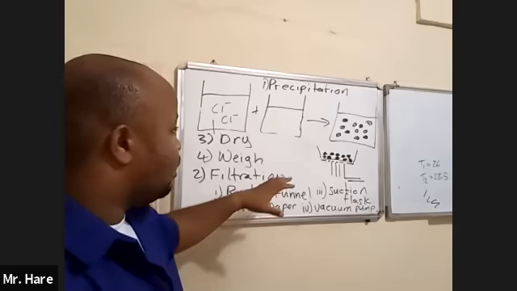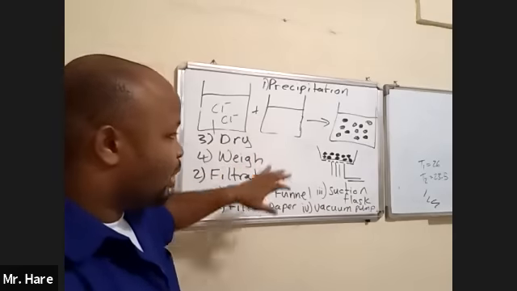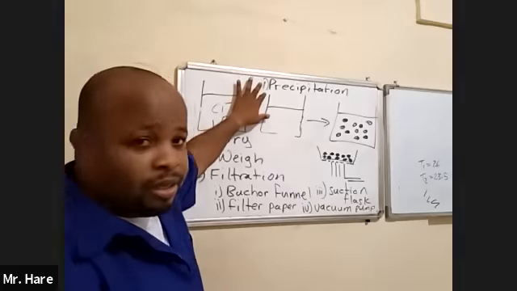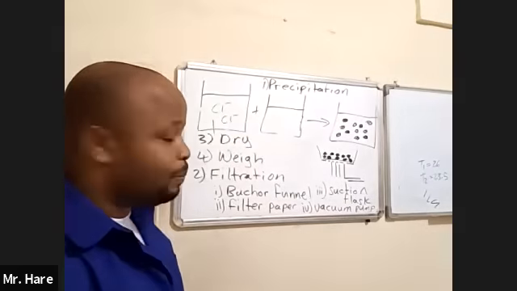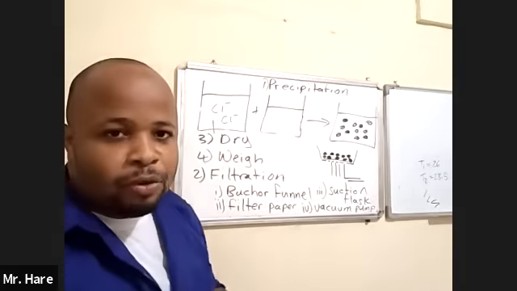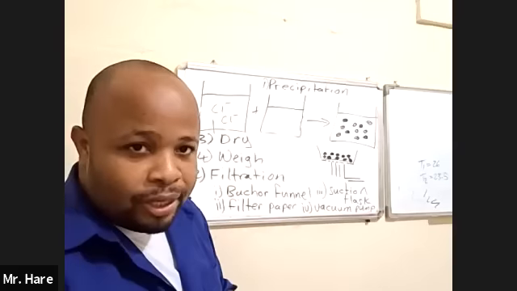You can repeat what I just said about precipitation, filtration. All right, so these are the steps for the procedure of gravimetry. For precipitation, we have to first form a precipitate. With this one, we are trying to figure out something about a compound, like a particular component.